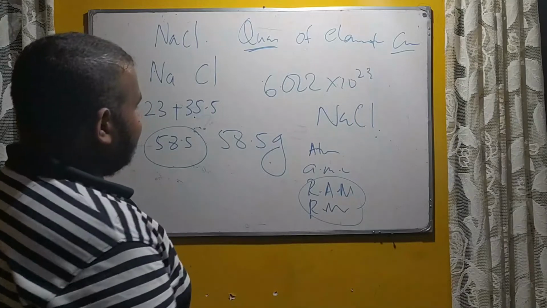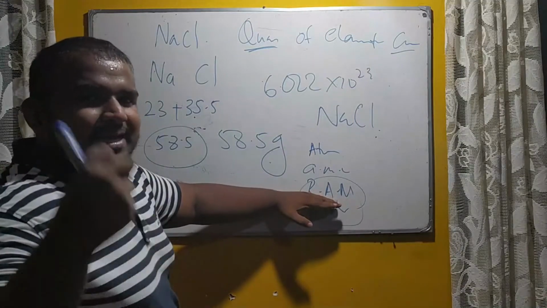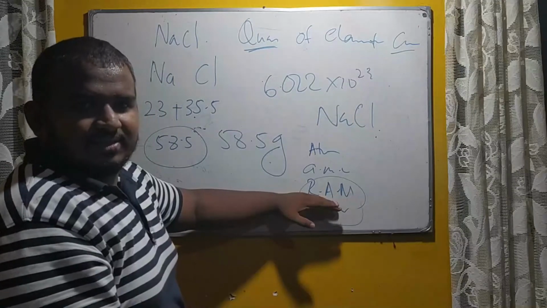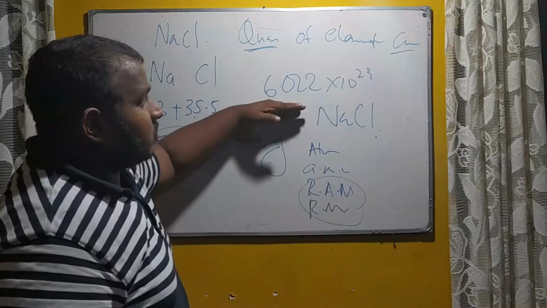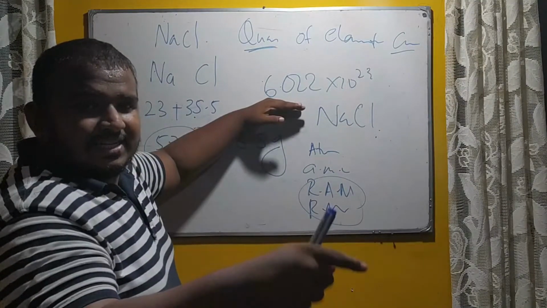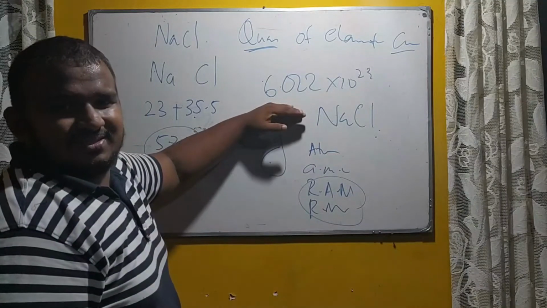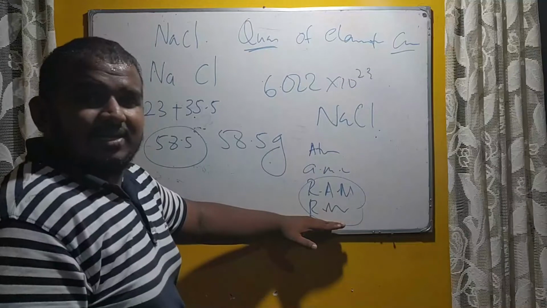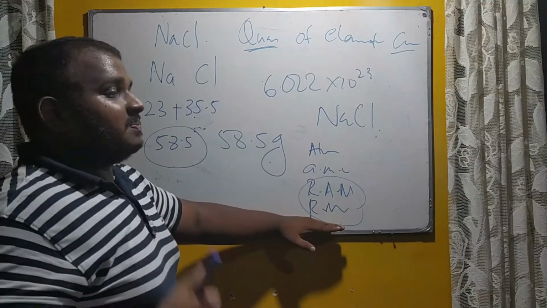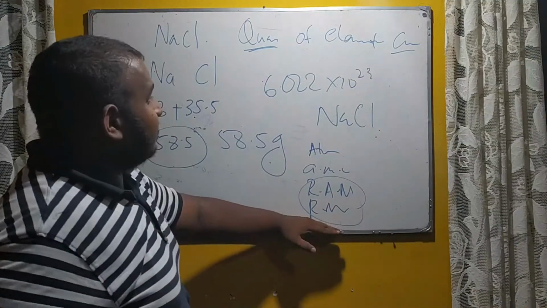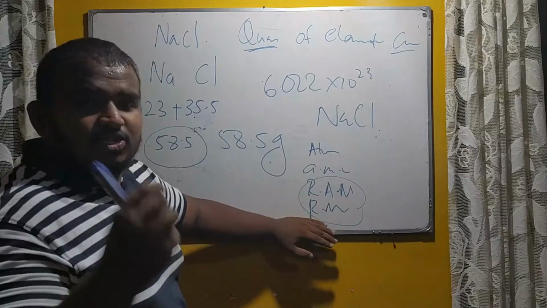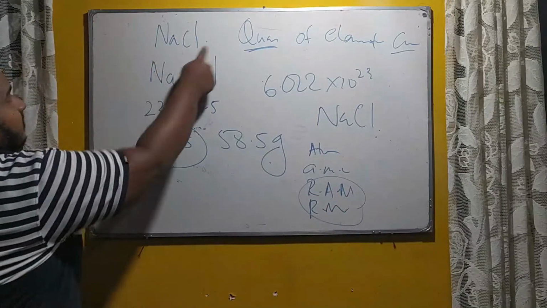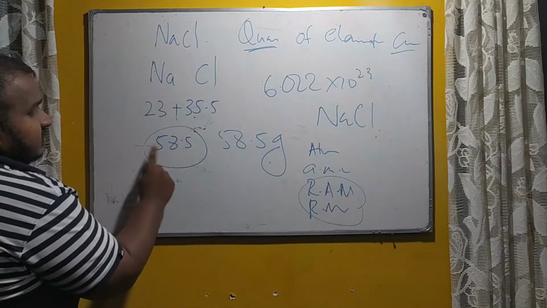How are we quantifying it? If you take the relative atomic mass in grams for an element, it consists of 6.02 × 10^23 of that specific element. In the same case, if you take the relative molecular mass in grams of a specific compound, there will be 6.0 × 10^23 of that compound. If you consider sodium chloride, the relative molecular mass is 58.5.